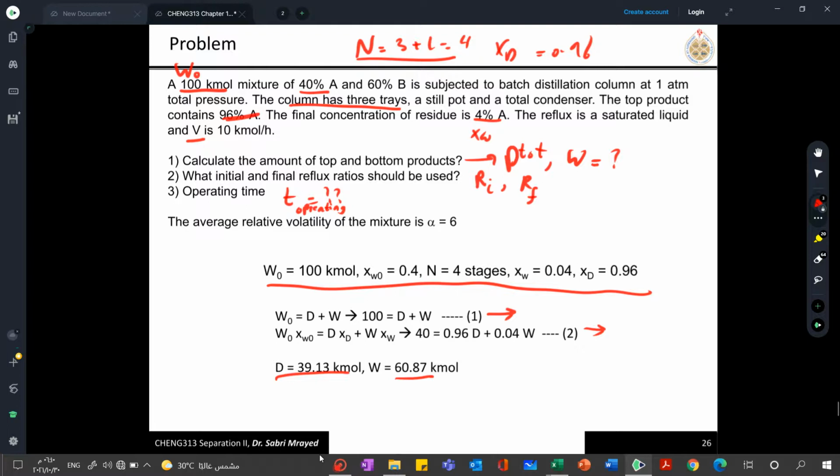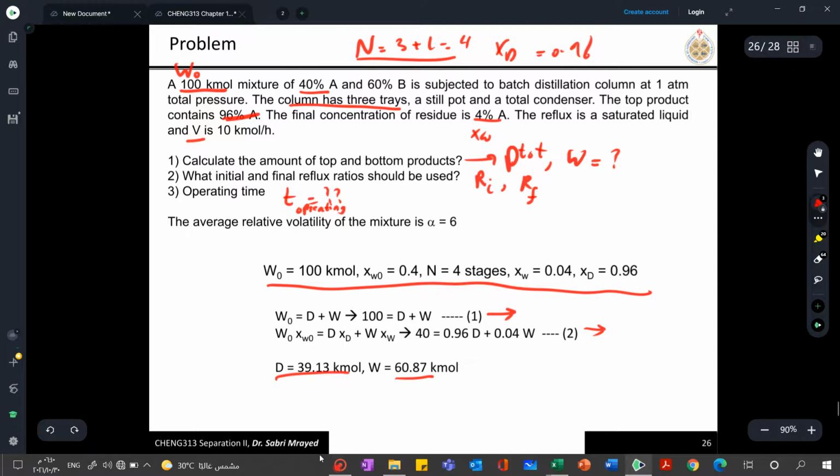After that, you can go to the second question, which is to find the initial and the final reflux ratio.